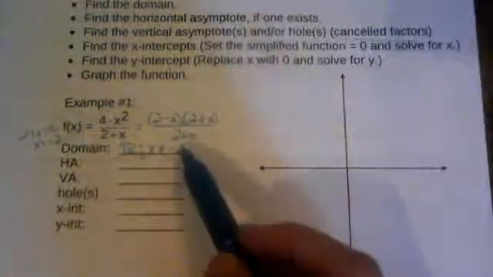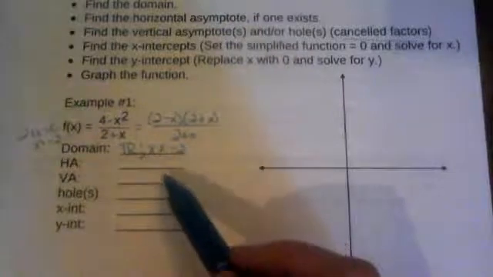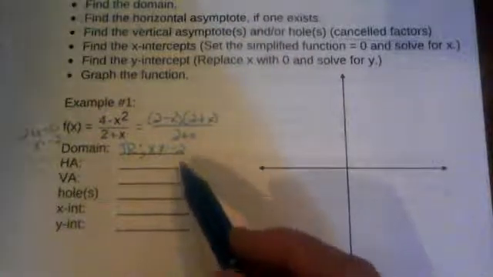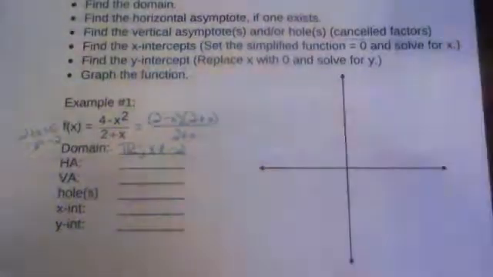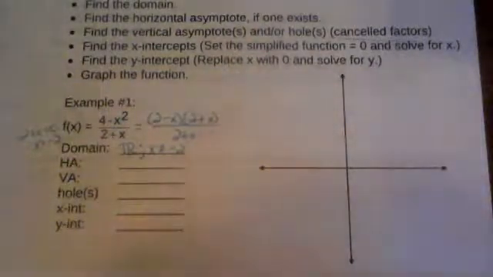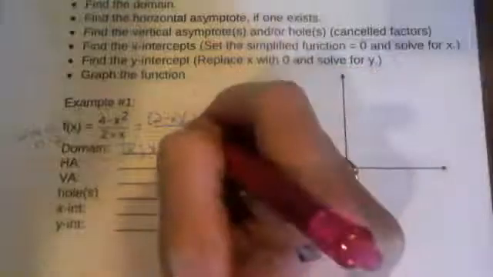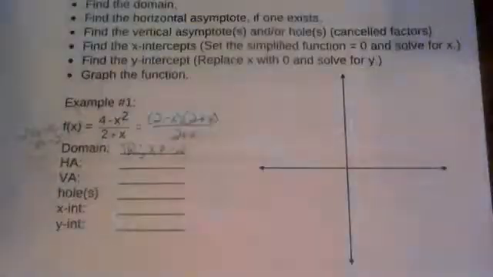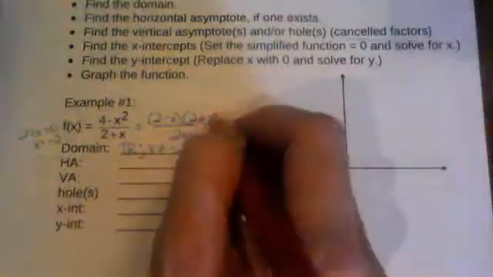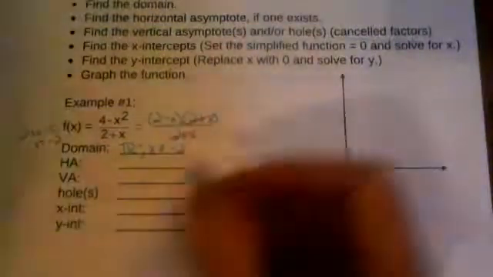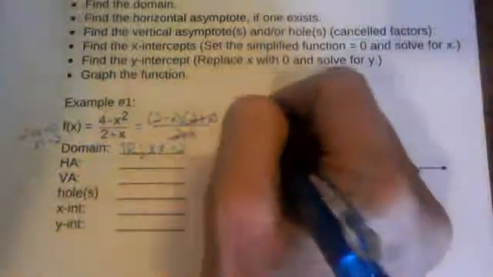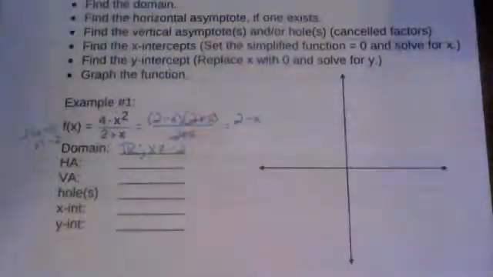And in the last few days, we've said, okay, well, that means that that's a vertical asymptote. However, in this situation, that 2 plus x is in both the numerator and the denominator. So it does reduce. We can get rid of that term and divide it out and reduce this down to just 2 minus x over 1.